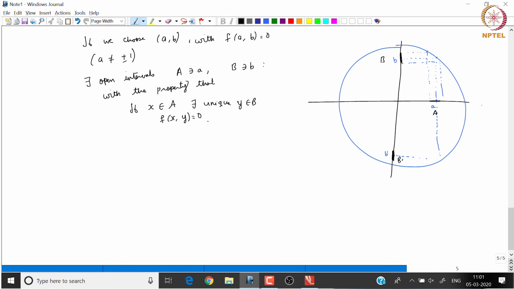Like if I look at just the upper portion of the circle where this y is greater than 0, then give me an A, I can find a unique B which will relate A and B.